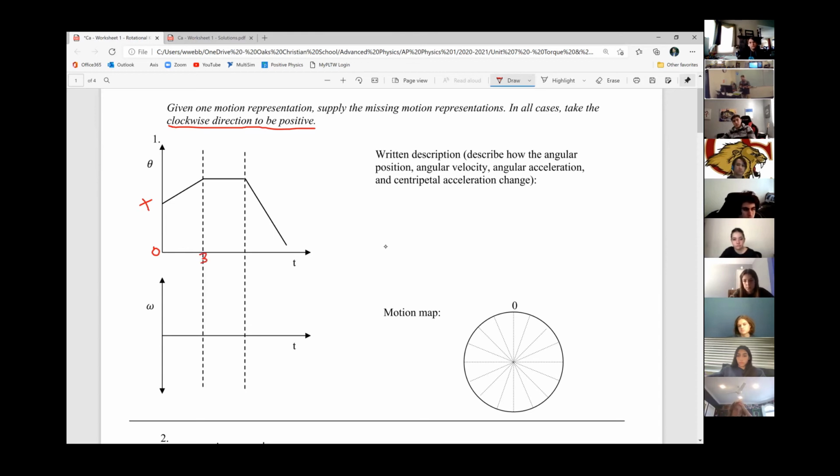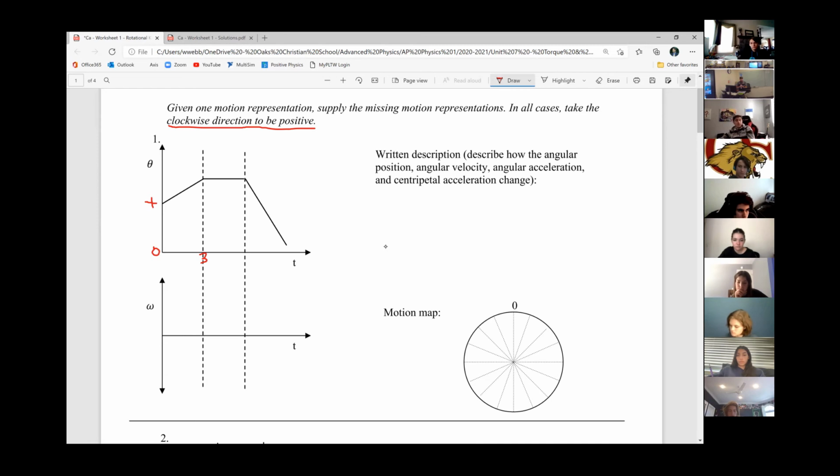We don't really know, but just so we have a number to make it more tangible, let's just say in the first 3 seconds, it goes, so it's kind of like an x. Let me make sure it's clearly a positive. Hopefully that's a little clearer. We have some positive position, and then 3 seconds later, it's at a greater positive position. And since clockwise is positive, that means it's moving in the clockwise direction.